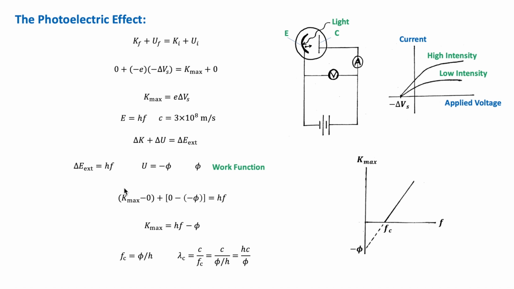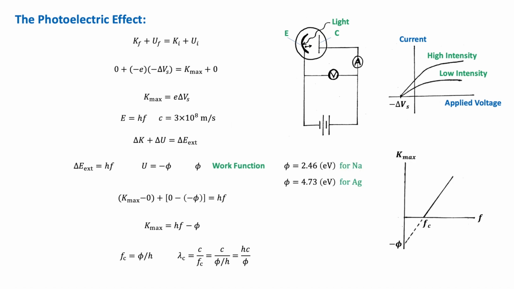So let's take the potential energy of the system when the electron is outside the metal to be 0. So when the electron is in the metal, the potential energy of the system, U, is equal to minus phi, where phi is the work function of the metal, okay? So the work function phi represents the minimum energy with which an electron is bound in the metal.